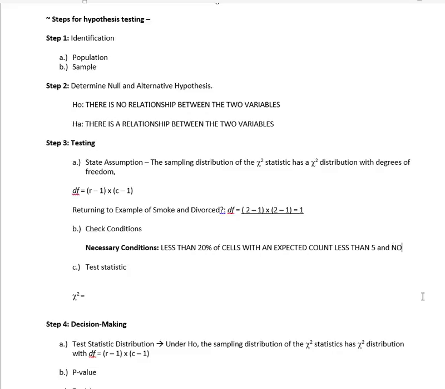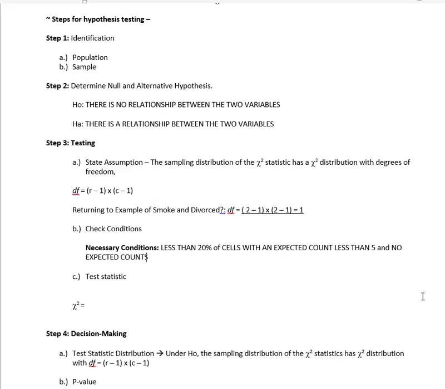The second condition is that no expected counts can be less than 1. So less than 20% of cells can have an expected count less than 5, and no expected counts can be less than 1. If those things are true, then your conditions would be met, or in other words, you would be verifying the assumptions that you stated in letter A.